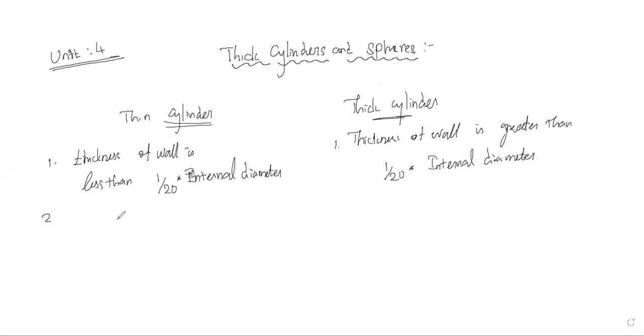Okay, so thin cylinder have, and we are assuming that this is our wall thickness T. So the stresses developed in the circumferential, there is hoop stress.